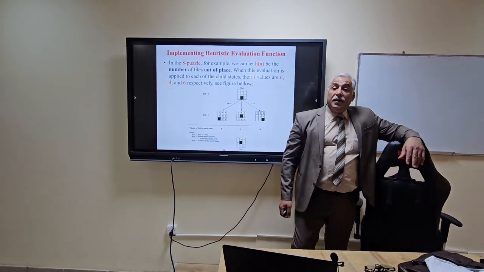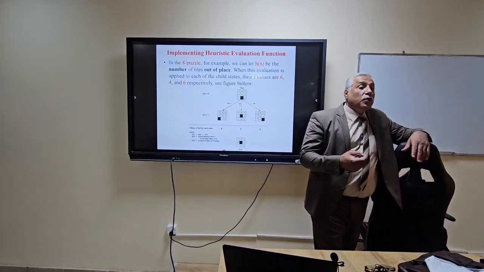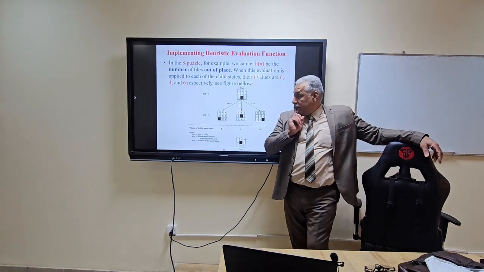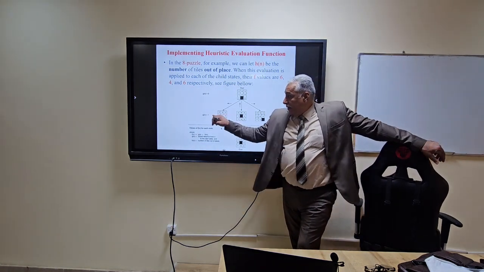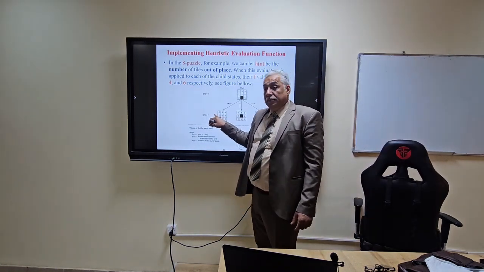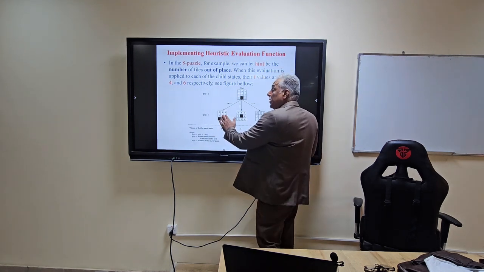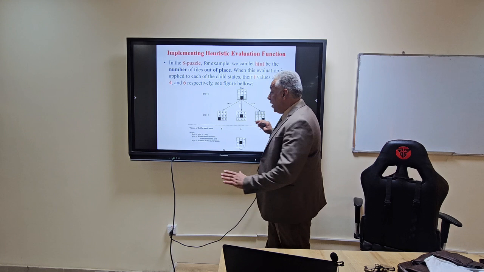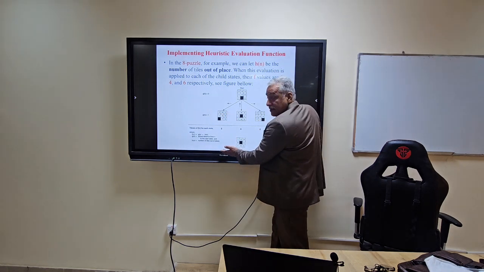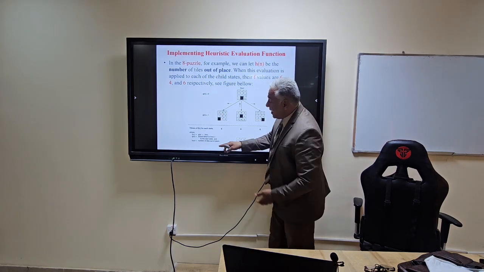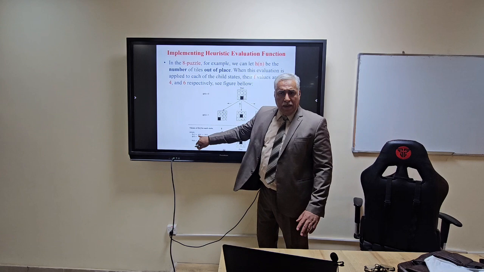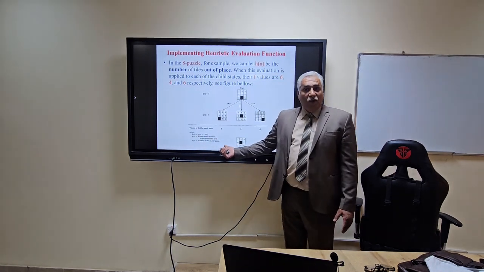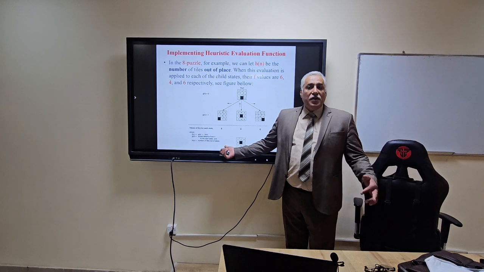g(n) will ensure the accuracy of the search. How does it do that? For example, g(n) here is 1, but the evaluation function is 5. If we are in another level where g(n) is, for example, 5, and h(n) is also 5, which one is best?